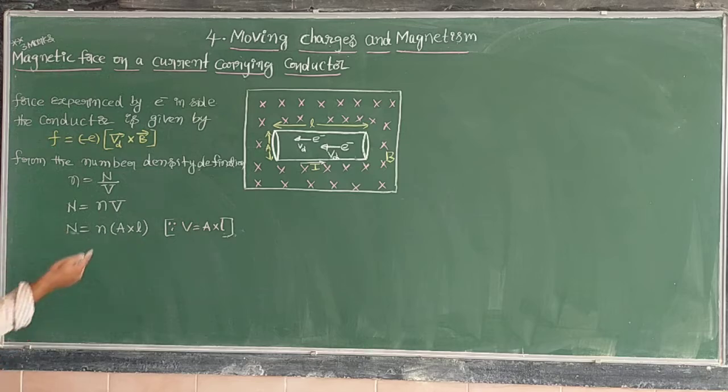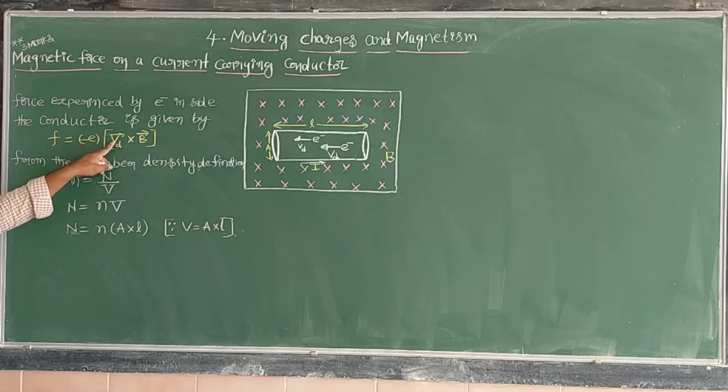For one electron, the force is minus e into V bar cross B bar. Now for capital N number of electrons, each electron experiences this force.